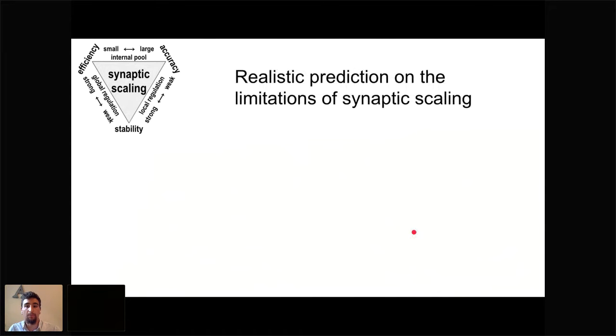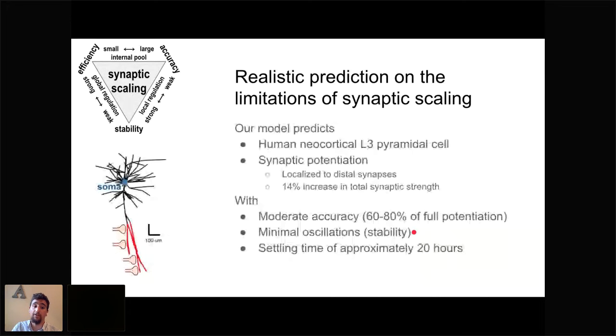So lastly, our model, simulations, and general framework allow us to make realistic predictions for the limitations of synaptic scaling. For instance, let's return to our full morphology example. We can now confidently say that for a human neocortical L3 pyramidal cell, that is receiving synaptic potentiation in the distal synapses for a total increase in synaptic strength of 14%, we can predict moderate accuracy, which we're saying is between 60 and 80% of full potentiation.